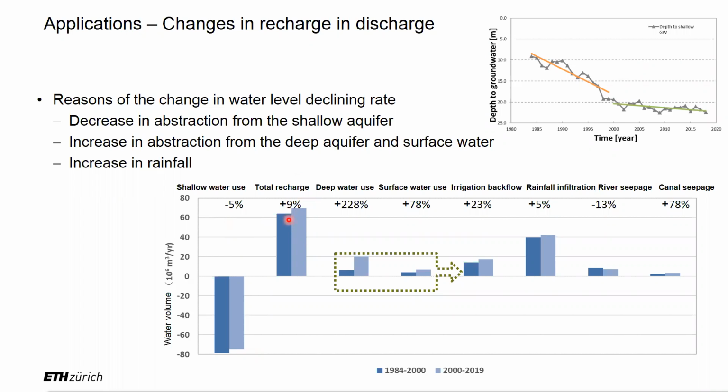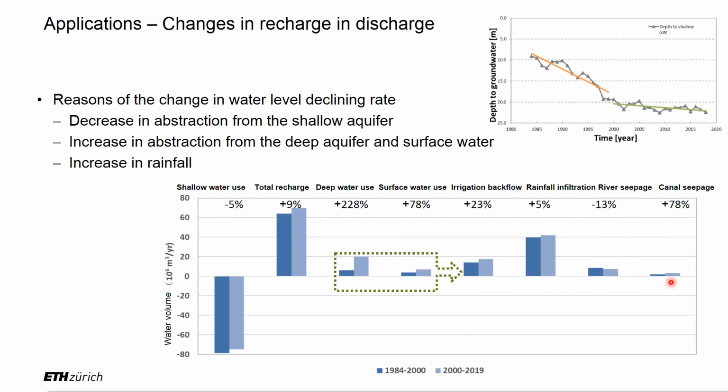The total recharge increased because the rainfall infiltration increased, since there is more rainfall, and also the deep water use and surface water use increased, which increases the irrigation backflow, and it also contributes to the total increase of recharge.